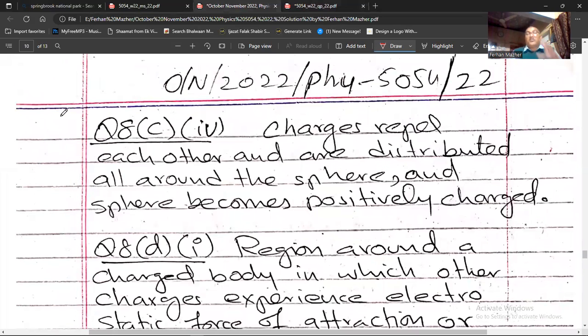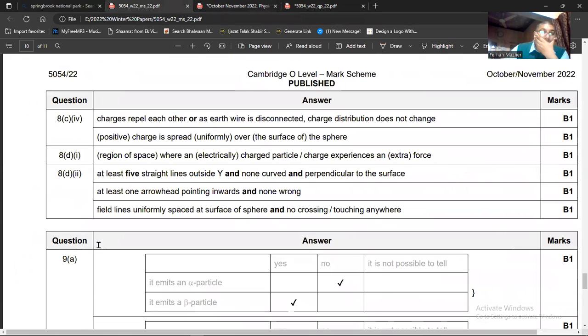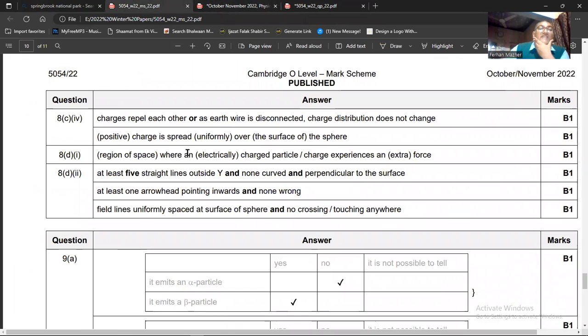Positive charges repel each other and are distributed all around the sphere, and the sphere becomes positively charged. That's question number 8C. This is the answer, fourth part.